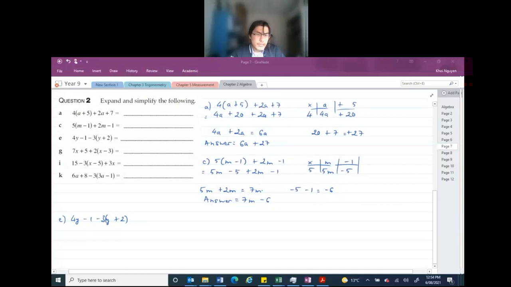It really doesn't matter. It may look different, but it's very similar to what we've been doing. So we're just going to expand the brackets. Here I've got the negative 3 on the outside, and then I have y plus 2 on the inside of the brackets.